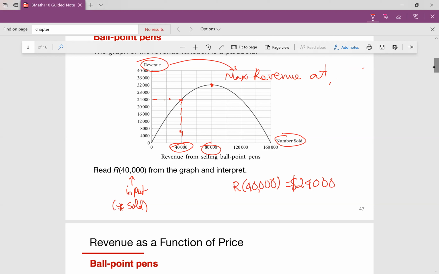Or in the ordered pair, I can write 80,000, comma, 32,000. So we circle this one. All right.